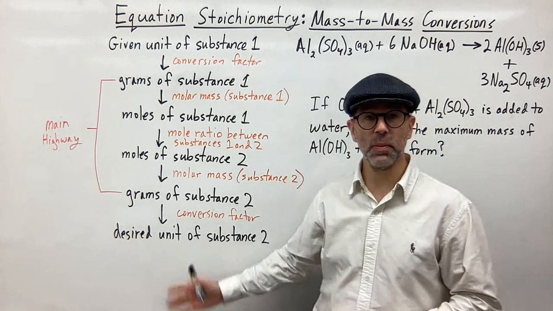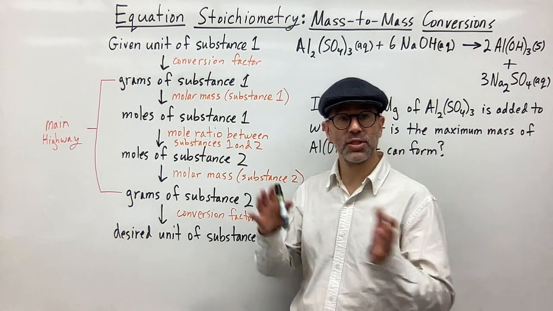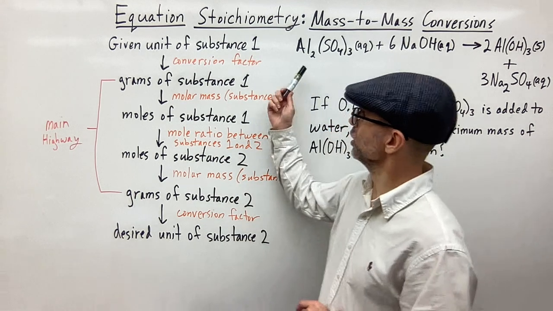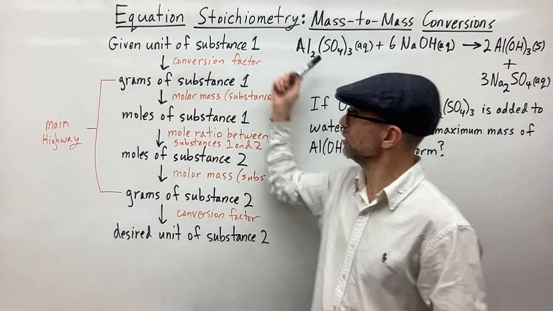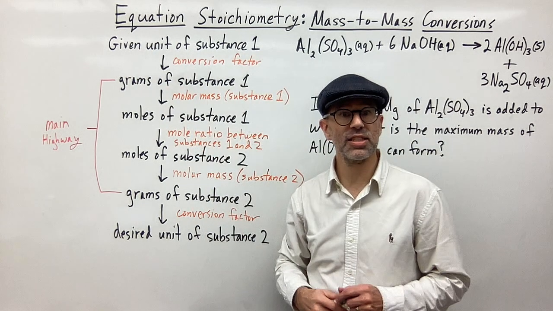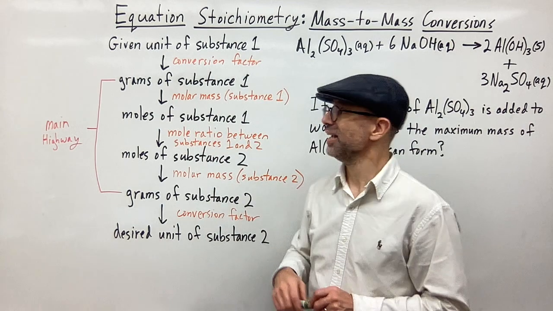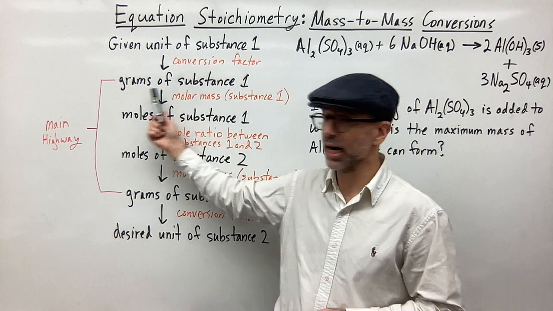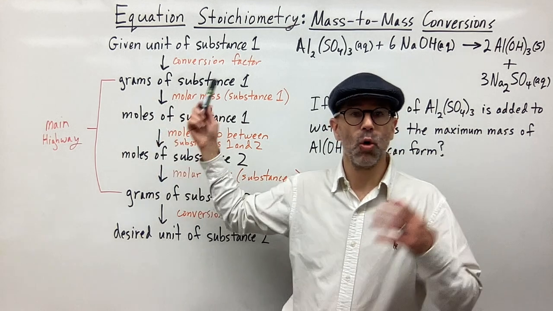So this is your roadmap to go from one substance to the other substance when you're using a balanced equation. So you're given the unit of some substance. We're going to assume that this is some sort of mass they're giving you. If they give you some sort of mass that is not grams, then you've got to convert it to grams first. Why?